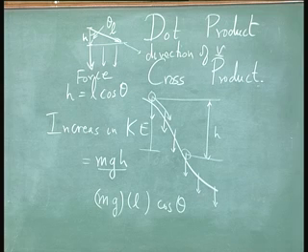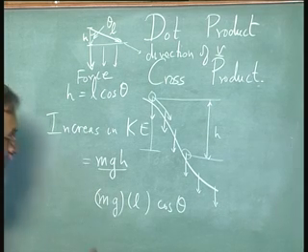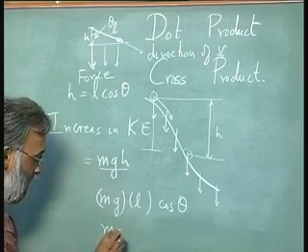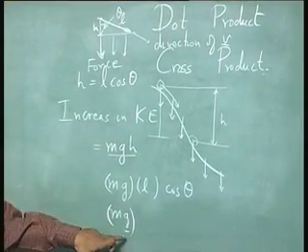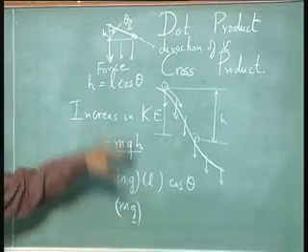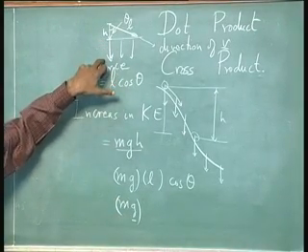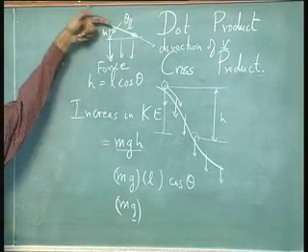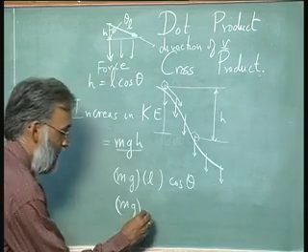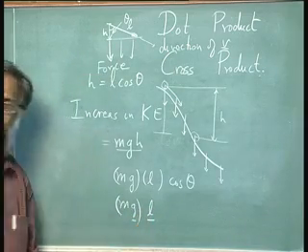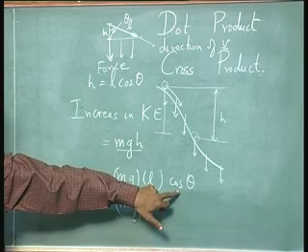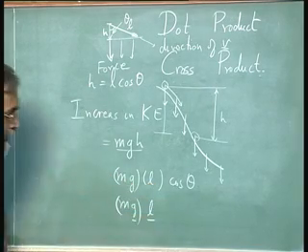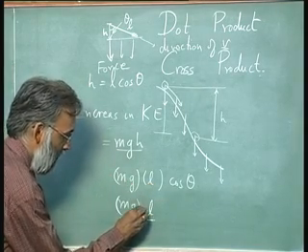In vector notation, the same idea can be written down. The idea is you have the vector mg. I have put a line underneath the g to indicate it is now a vector. This L can be given a direction as well, and then there is this cos theta, and we take care of the cos theta by putting a dot.